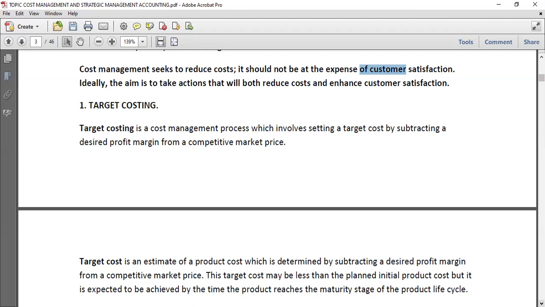So what target costing does as a process, like we are seeing here, it involves setting a target cost, which is gotten by deducting a desired profit margin from a competitive market price. That is basically what we do. So what we shall also understand is that when we do that process, ideally, what is on the ground may totally be different.